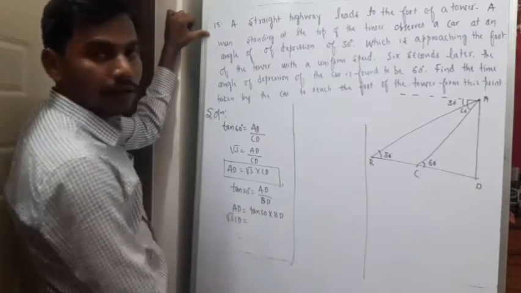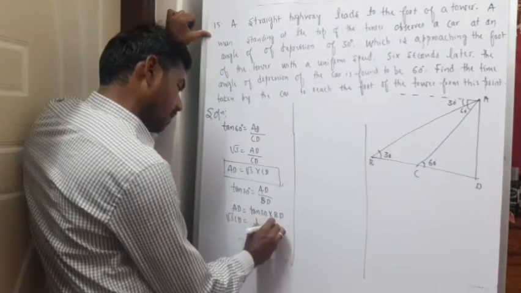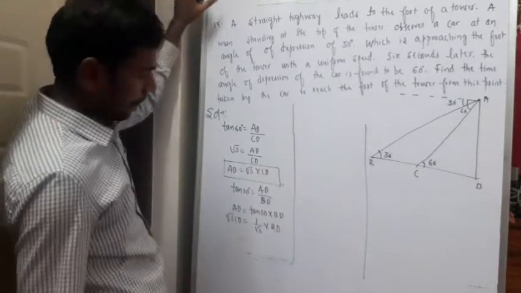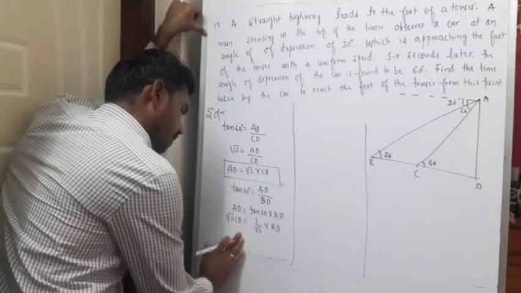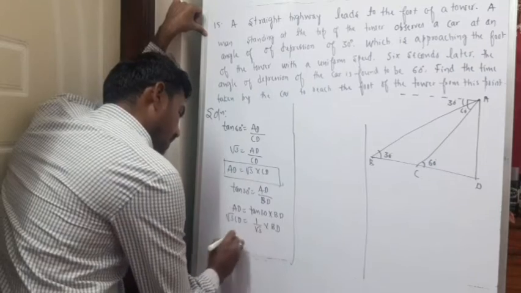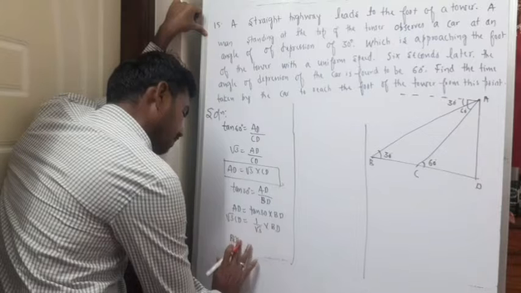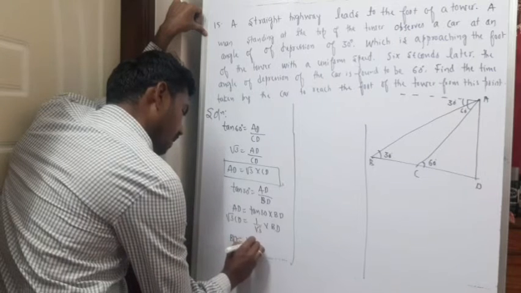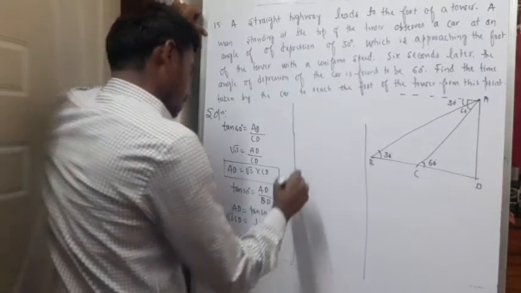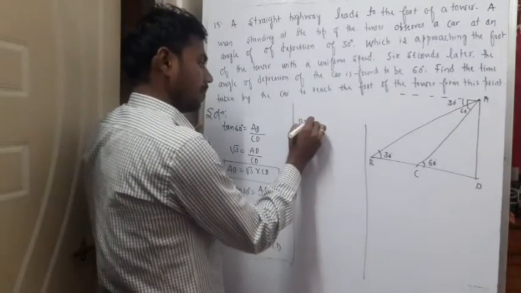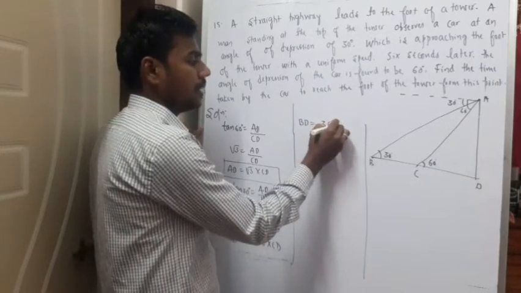Tan 30 is nothing but 1 by root 3 into BD. Fine. So BD is equal to root 3 into root 3 CD. So BD is equal to 3 CD. BD is equal to 3 CD.